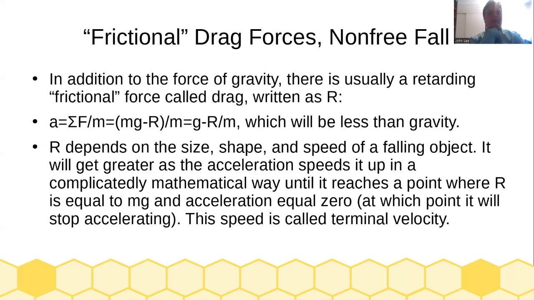It will get greater as the acceleration speeds it up in a really complicated mathematical way. You can take physics 201 if you want to go through that, but for now, we will just say that it will increase along with speed until it reaches a point where R is equal to the weight and acceleration equals 0, at which point it stops accelerating. This speed is called terminal velocity.